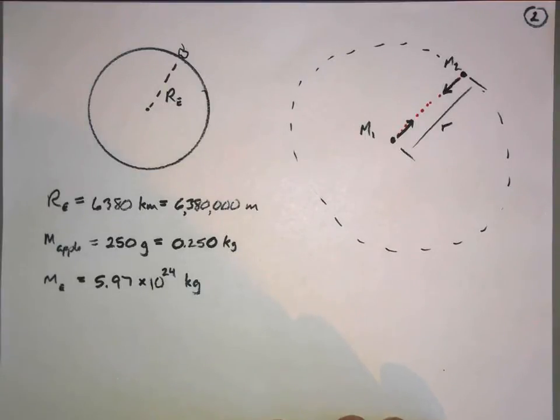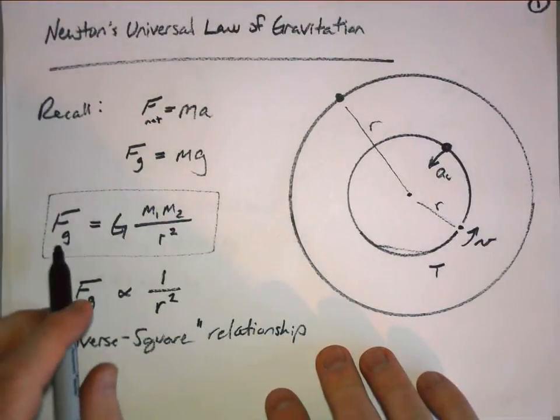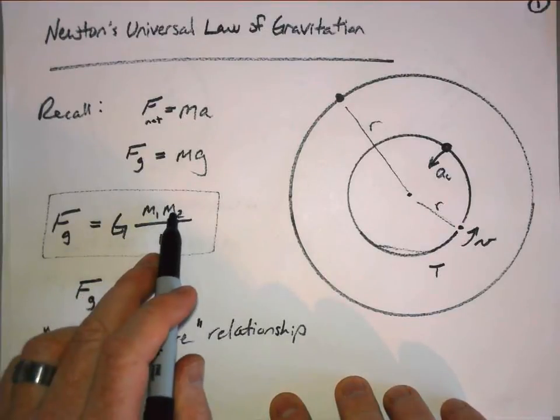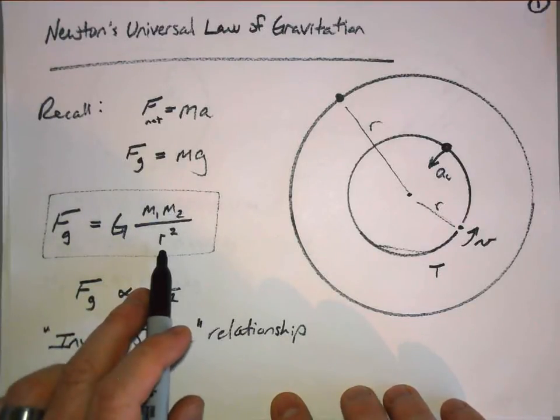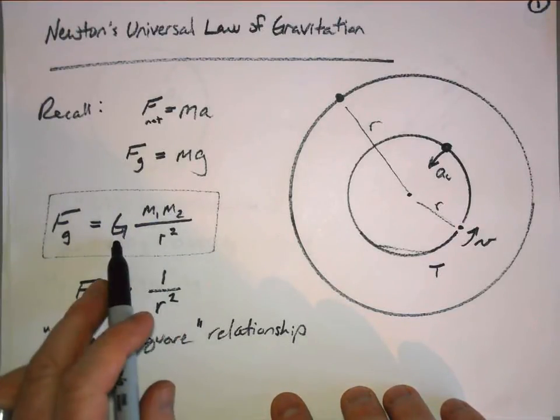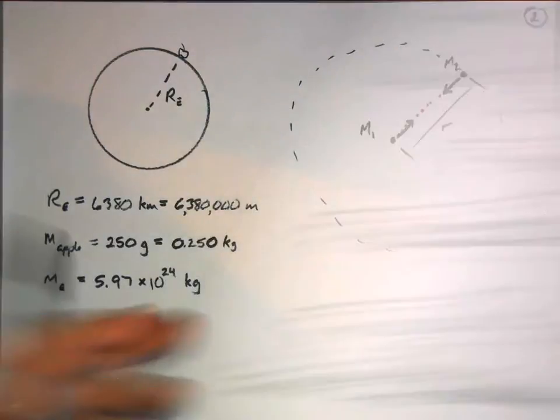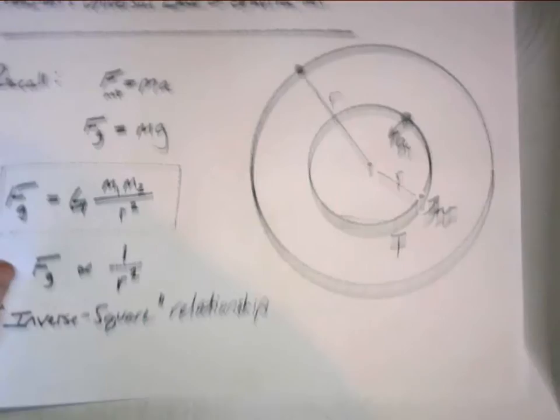But now, what is going to be the force of gravitational attraction between these two objects? So looking back at this equation, force of gravity is G times M1 times M2 divided by R squared. But we need this. What the heck is this capital G business, right? We'll get to solving this problem in just a second. Let me put it right here for us.